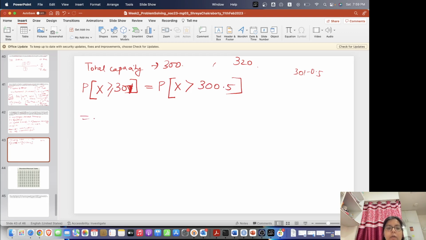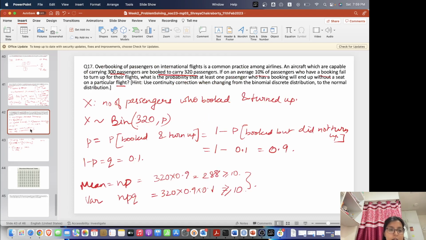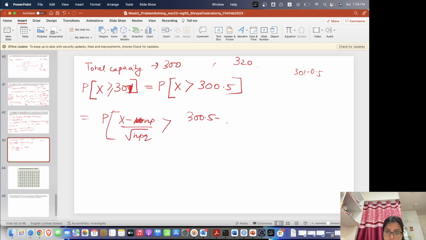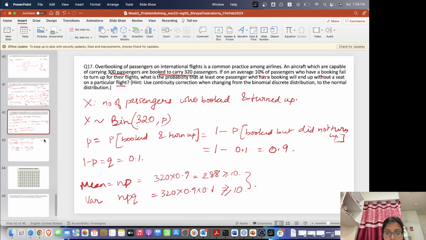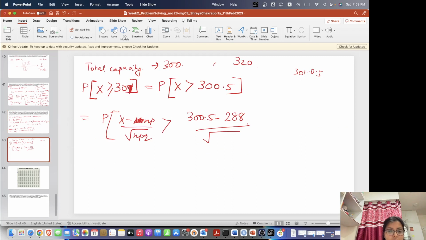This we can write as (x minus mu) or np by root npq greater than 300.5 minus our mean, 288, divided by square root of npq. 320 into 0.9 into 0.1, it was how much?